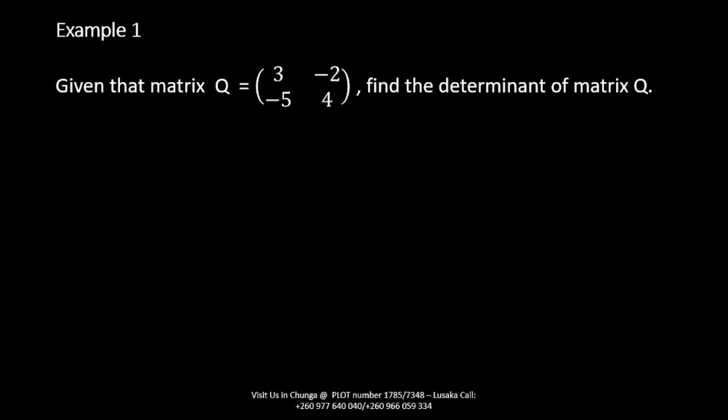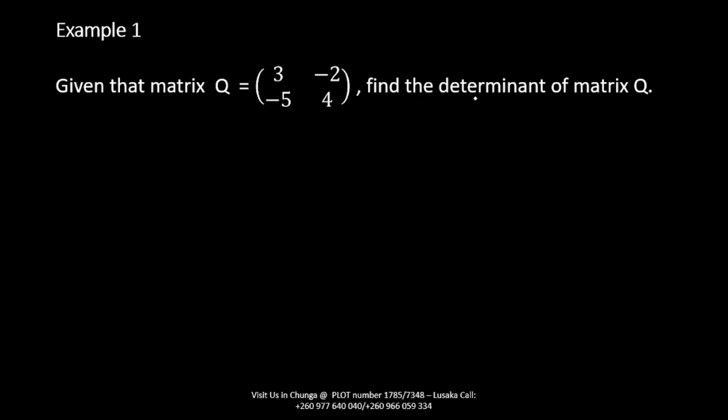So we can look at an example so that we can see how to calculate the determinant of matrix Q. We are told there that given that matrix Q is equal to 3, -2, and -5 and 4.